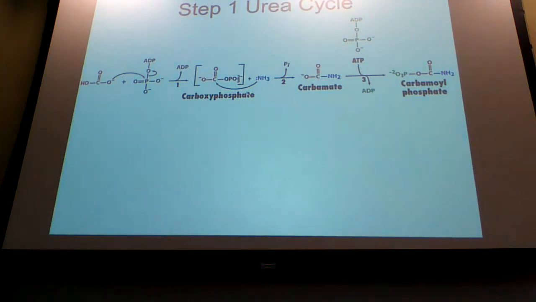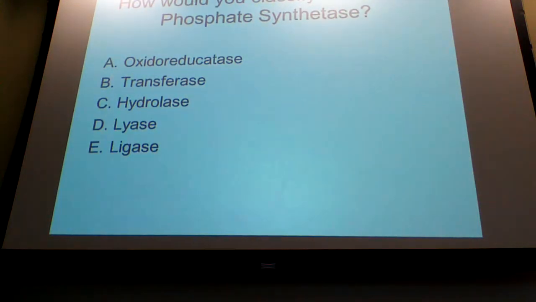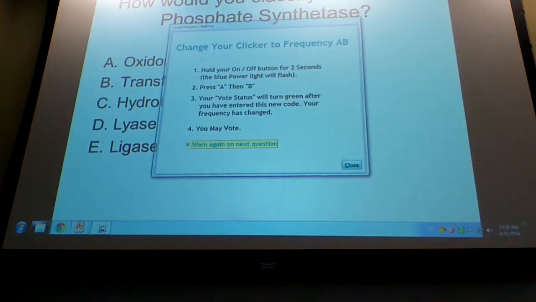And then ammonia can act as a nucleophile and come in and splice it. And you make the carbamate intermediate. And then we have to activate the other side too. So another ATP comes in, and we activate it by adding the phosphate on there, but the mixed nucleophilic substitution doesn't happen. So this is the end of our first step to make the carbonyl phosphate. How would you classify that enzyme?